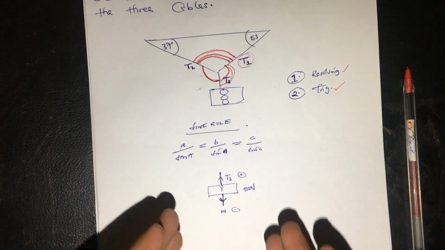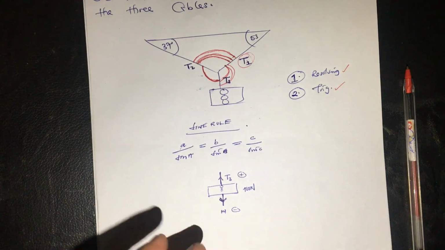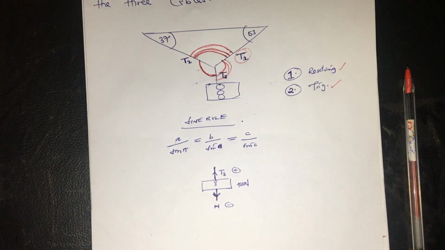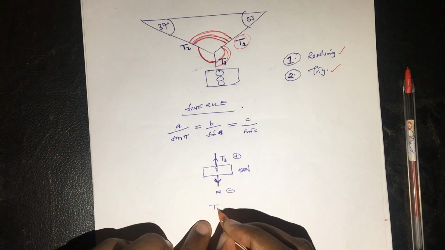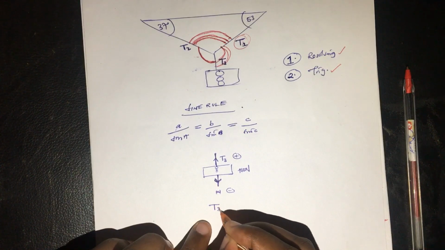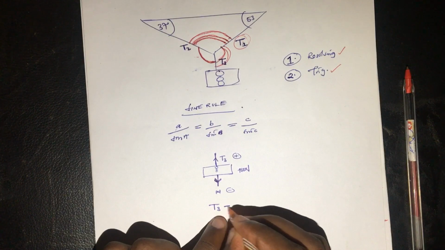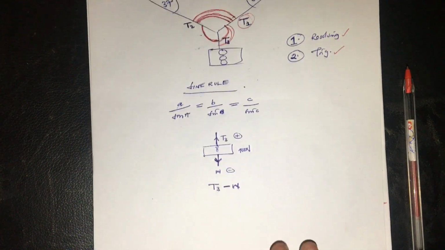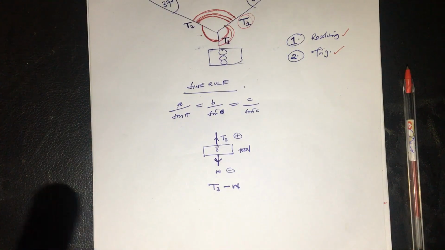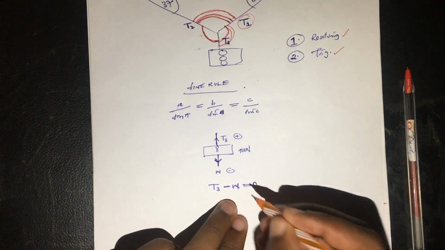Since it's at equilibrium, the summation of the forces in y should add up to 0. So we can say that T3, tension 3, which is a positive force, minus the weight, which is a negative force because it's going down, putting the traffic light down, is equal to 0.